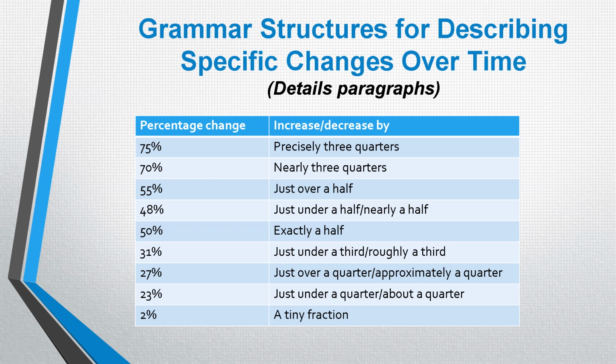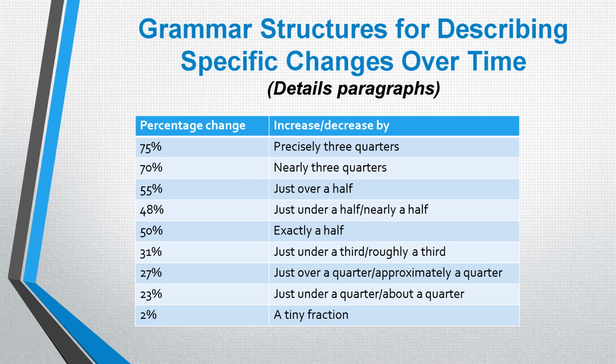27%, just over a quarter or approximately a quarter. 23%, just under a quarter or about a quarter. Or 2%, a tiny fraction. So those are different phrases that you can use to describe specific changes over time.